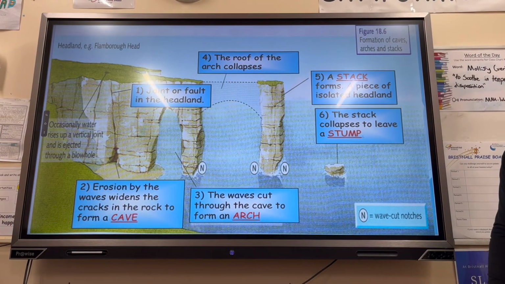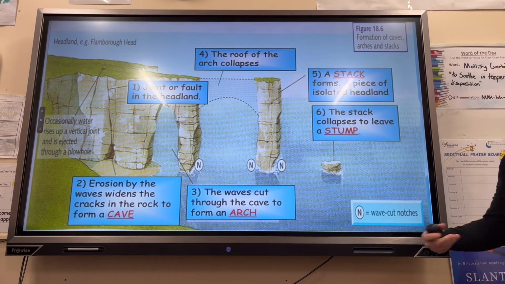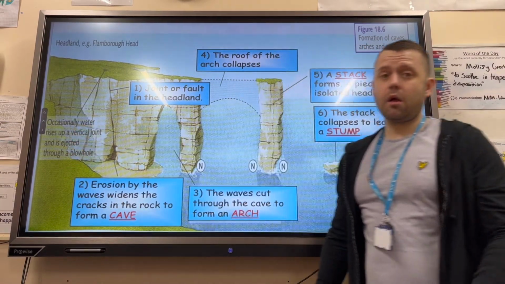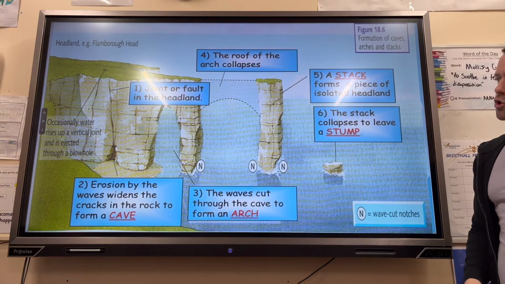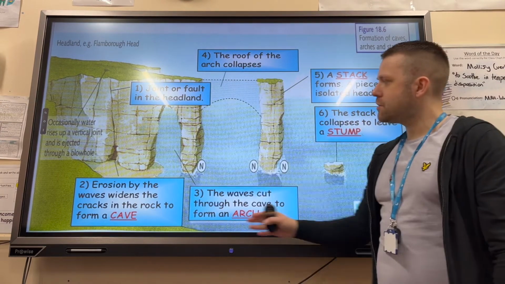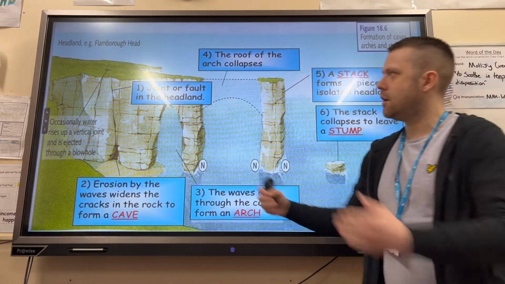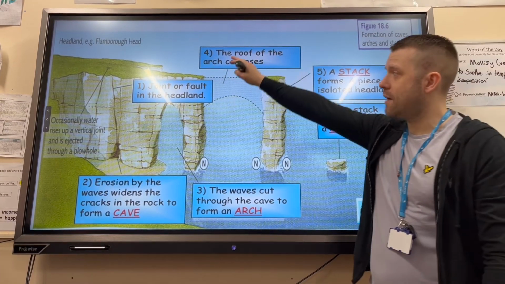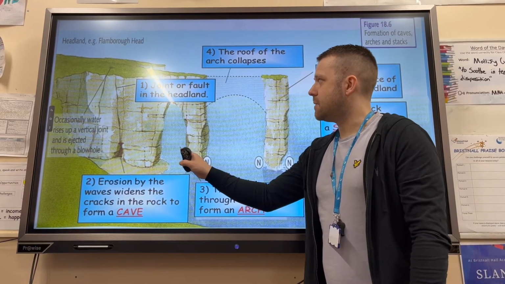When a headland is jutting out to sea, this also goes through a process of erosion. It starts off that waves find weaknesses in the rock, and the headland then forms cracks. The continued erosion turns this crack into a cave. Over time, the waves continue to erode. Again, the wave refraction will bend around the headland, and also the impacts of subaerial processes such as weathering will also cause this arch to form as the headland's being cut through.